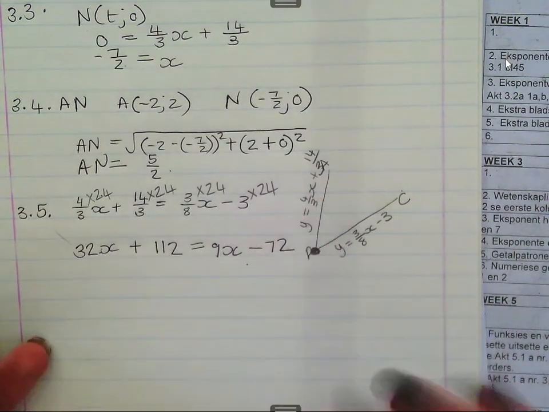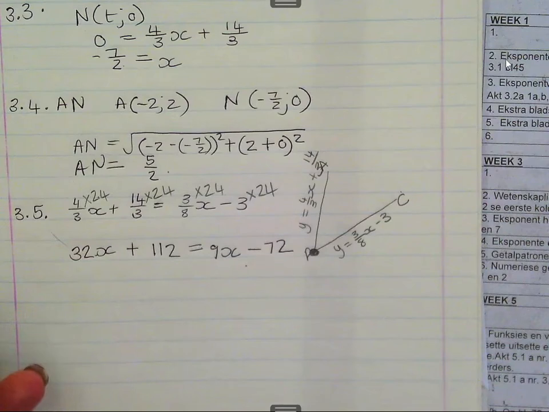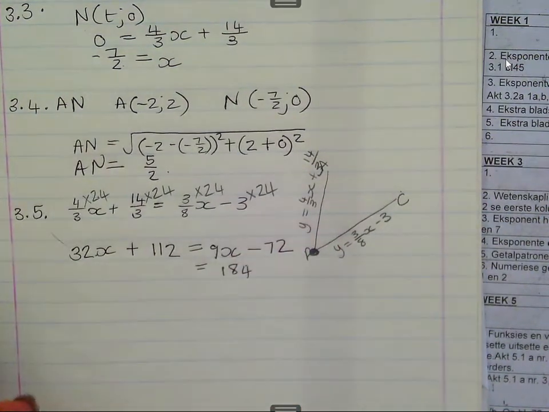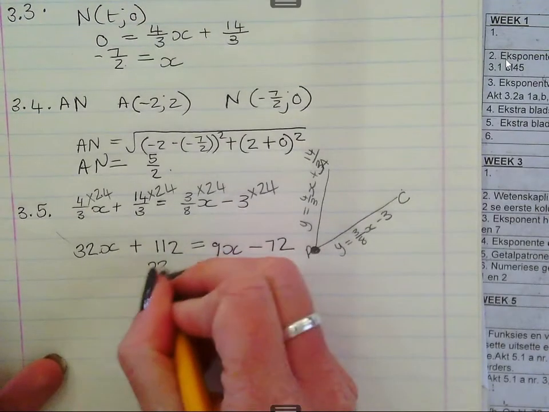No, you must add these two: plus 112. That gives me 184 on this side. And 32 minus 9 gives me 23x on this side.